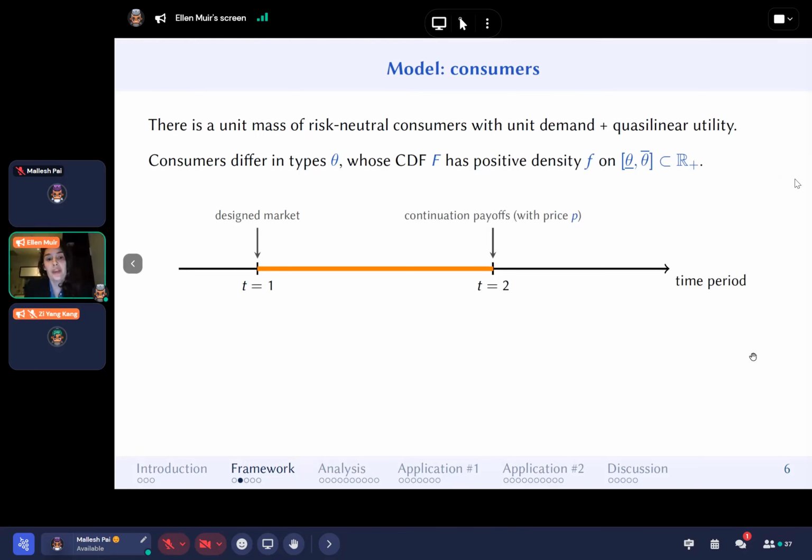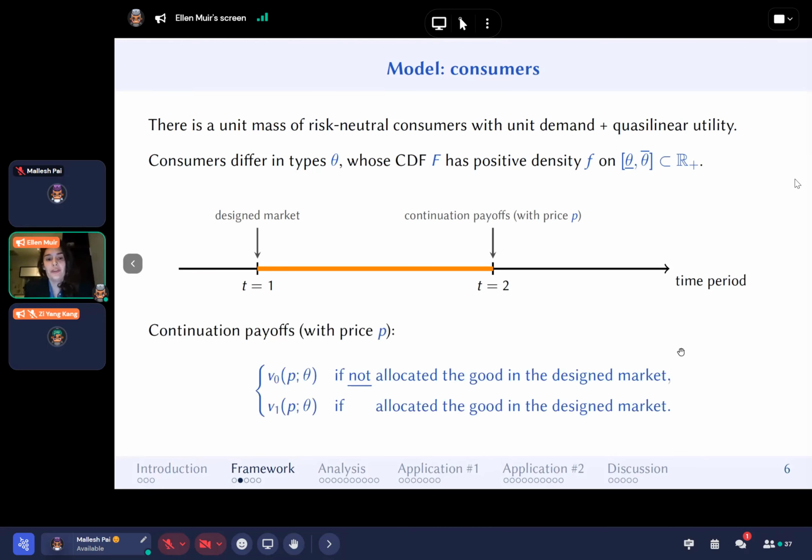Once we get to the second stage in this problem, each of the agents is going to have a continuation payoff. This is the payoff that is realized for these agents once the aftermarket has operated, and these continuation payoffs are naturally going to be a function of the equilibrium price p in the aftermarket.